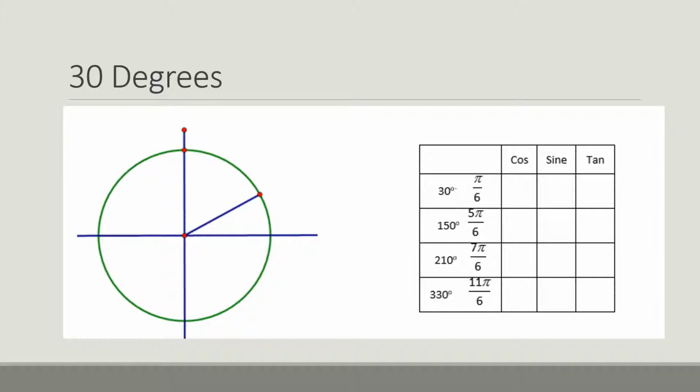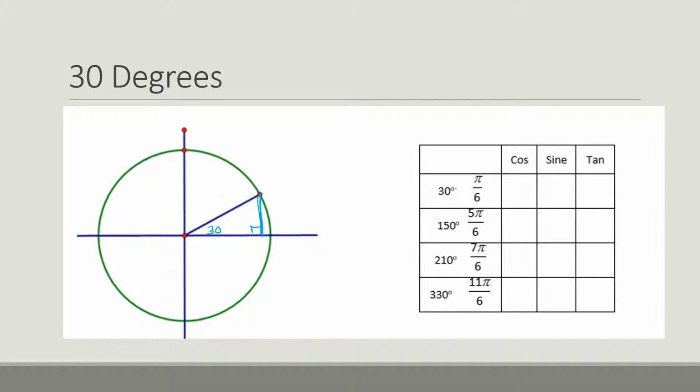So we can find all of our trig functions and develop the unit circle based on a 30, 60, 90 triangle. I can drop down this side here, if this is 30 degrees, and make a right triangle.